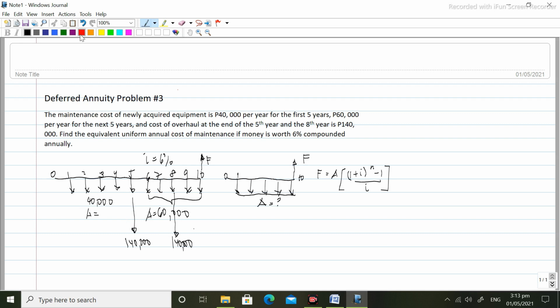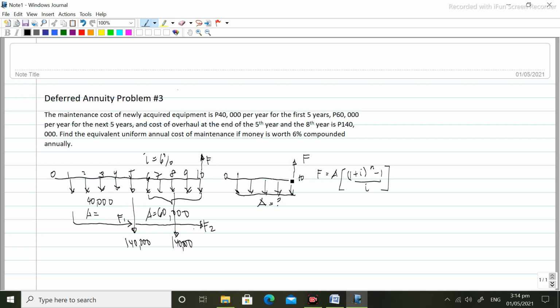So, lalagyan ko ng designation na F1 para sa 40,000. So, yan, lalagay ko dito F1. And then, after ko mapunta dito, si F1, dadaan ulit siya dito hanggang makapunta sa future. So, designate natin to na F2. Or, pwedeng direct na, kasi, deferred. So, meron tayong direct formula ng deferred or annuity due, tapos meron tayong value, and then, ipunta mo ulit sa F2.